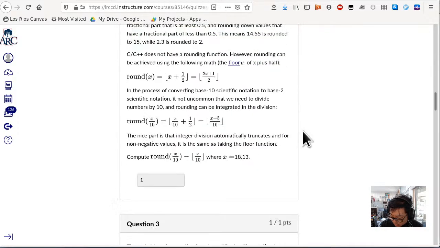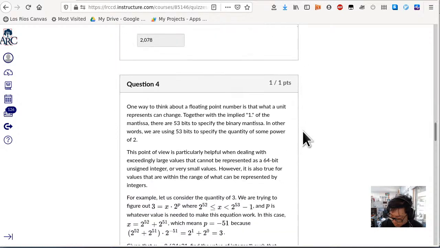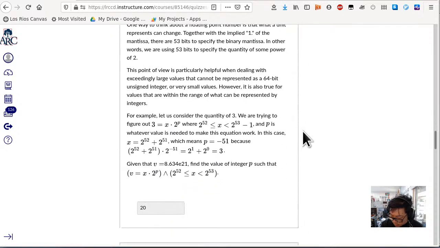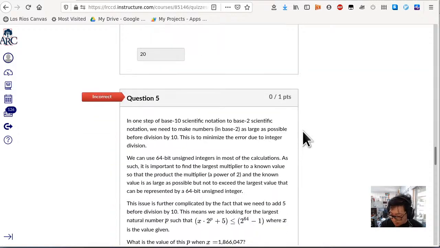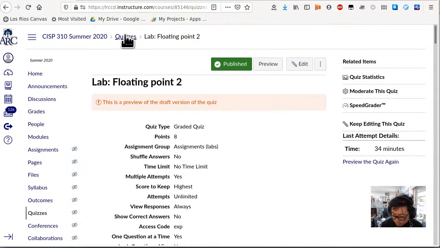Yep. 1 out of 1, 1 out of 1, 1 out of 1, and also 1 out of 1. There we go. I did not answer questions 5 to 8 because they are basically the same as questions 1 to 4, but with different values to test.